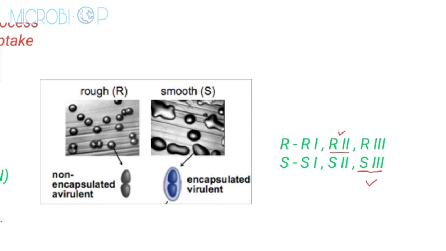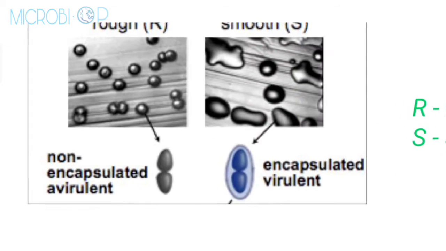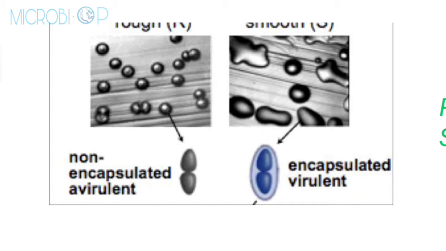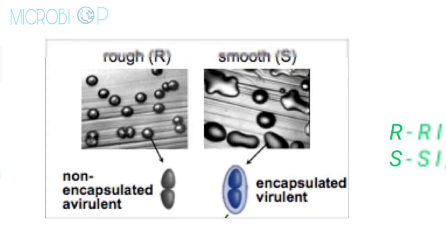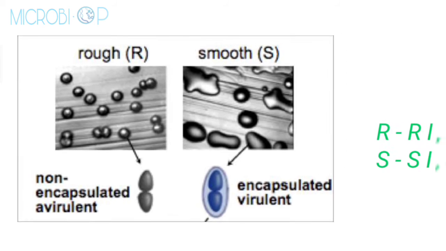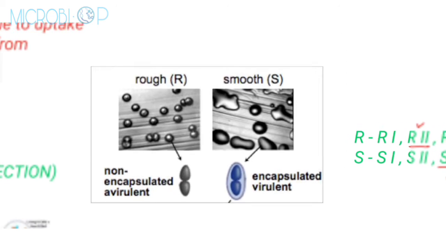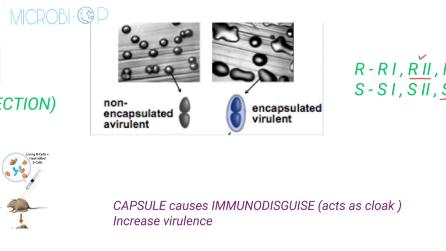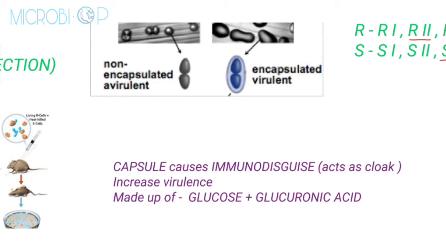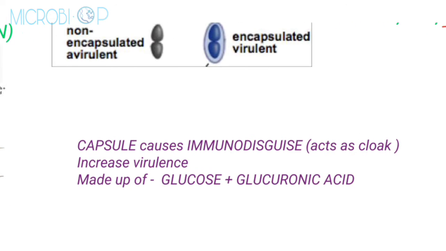The rough colony forming Diplococcus is edgy and rough. They produce rough colonies on the nutrient agar plate. These are non-capsulated and avirulent, and the capsulated ones are virulent. Now, how does the capsule affect the virulence of the organism?